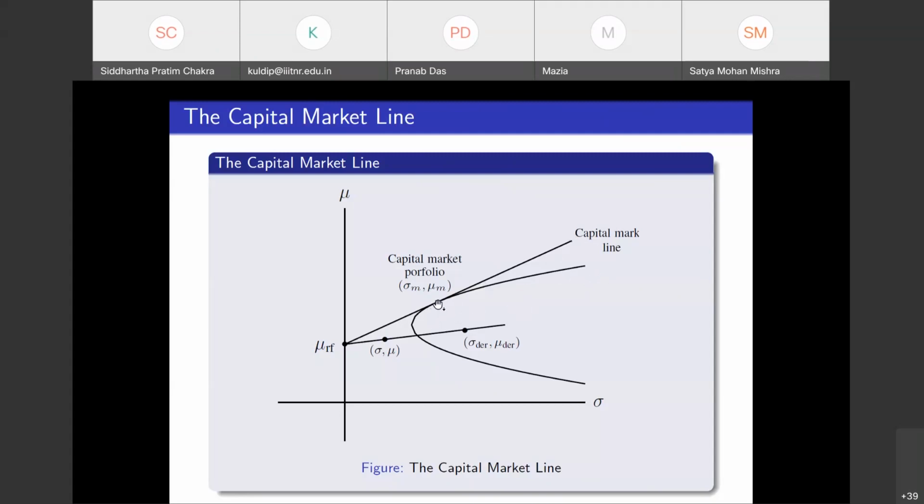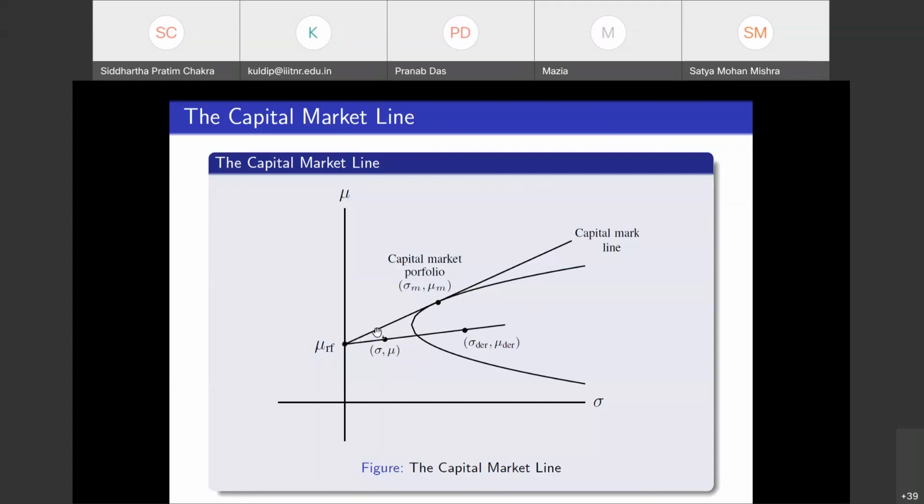Thirdly, the point at which these two meet or are tangent is a capital market portfolio because its weights mimic an actual market. And fourthly, the One Fund Theorem. In the Markowitz framework, you want to invest in the efficient frontier. Likewise, in the CAPM framework, you want to invest in the efficient frontier, which is given by this straight line.